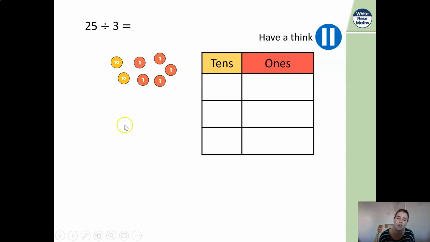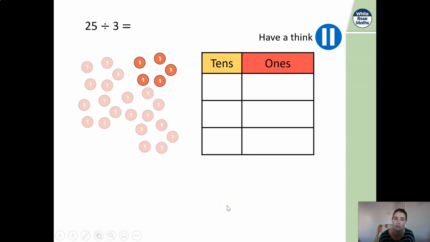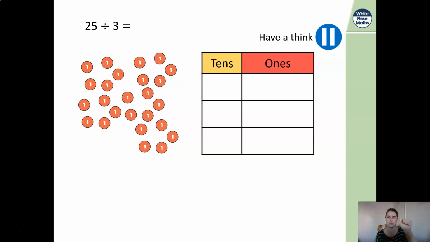Okay, I only have 2 tens here, and I can't partition 2 tens into 3 groups. I'm going to have to exchange them for ones. So now I've got 25 ones, and I need to work out how many 3s I can get in 25. So I'll do 3, 6, 9, 12, 15, 18, 21, 24. I can't go to 27 because that's too big. So I can get 8 lots of 3.